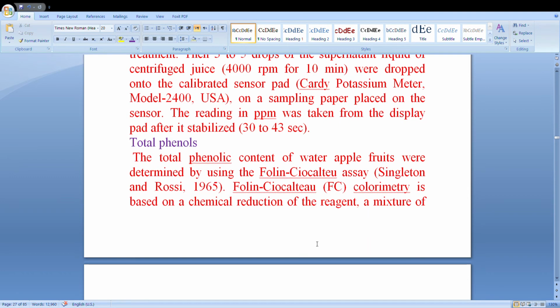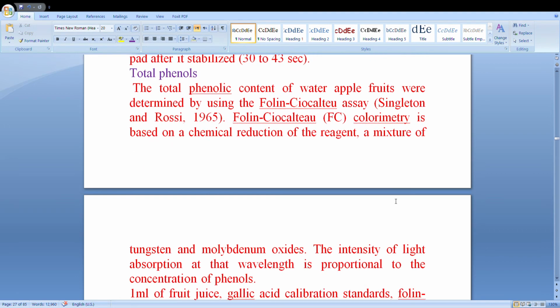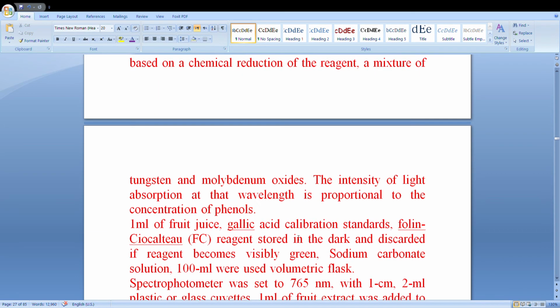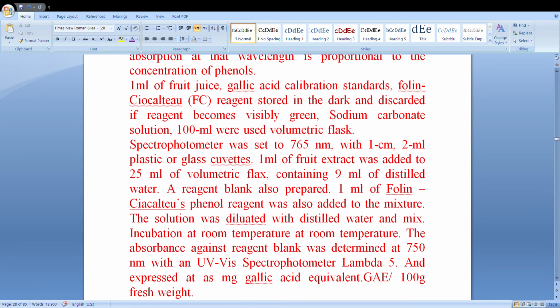So this is a colorimetric method, and we can see these details here.